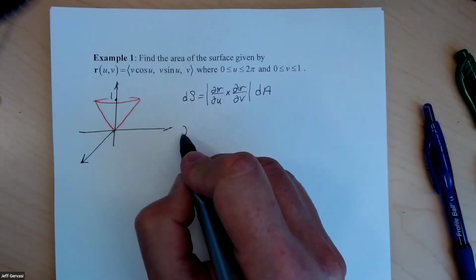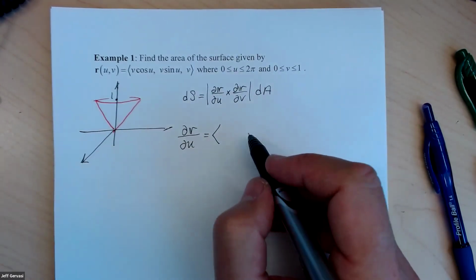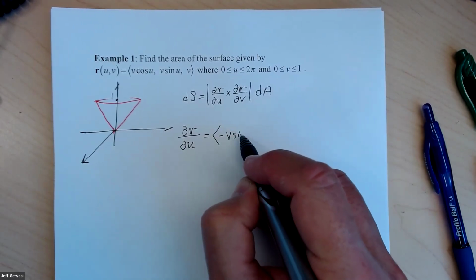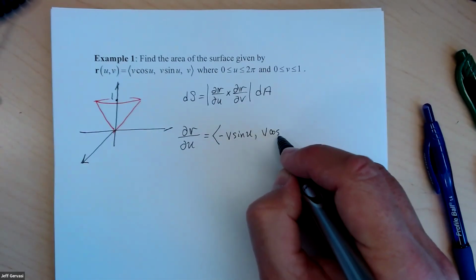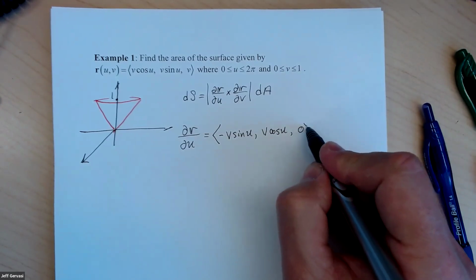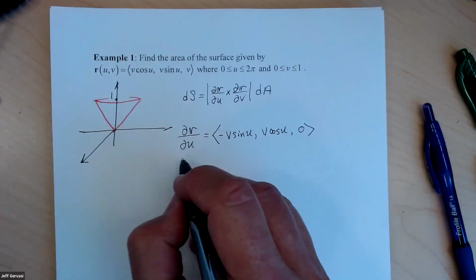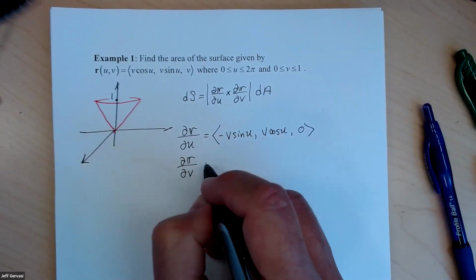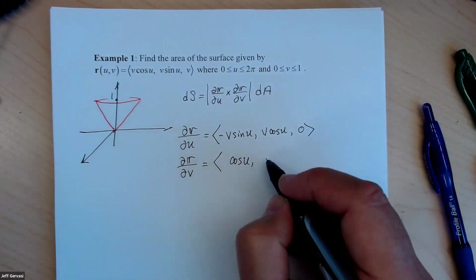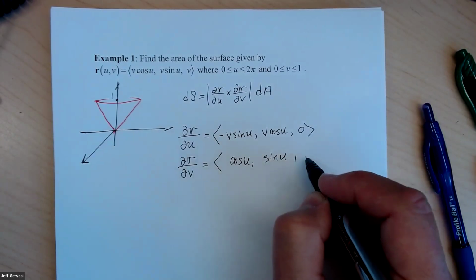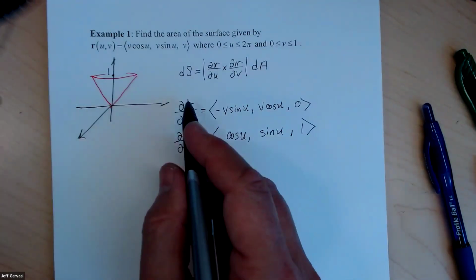All right, well, let's go get our partial derivatives. Partial r with respect to u. Zero for the last one, huh? Because the derivative of v with respect to u is going to equal 0. Then partial r with respect to v. All right. Then we take the cross product of these.